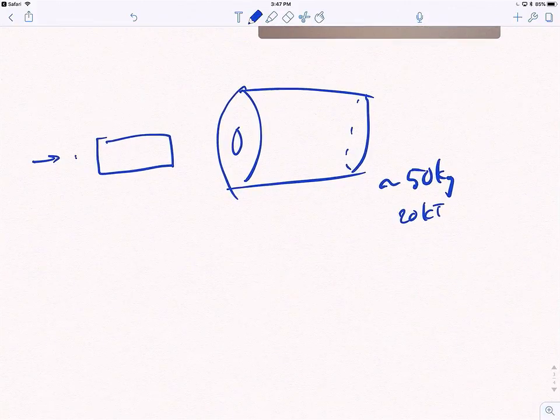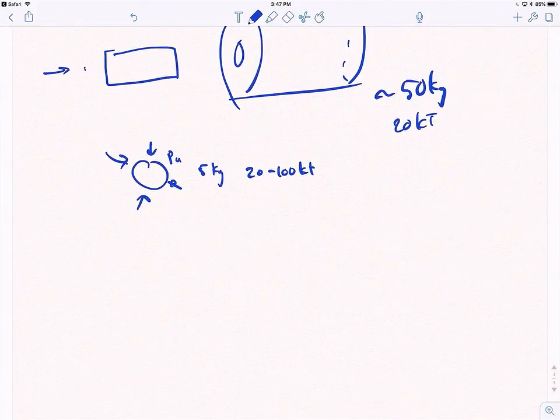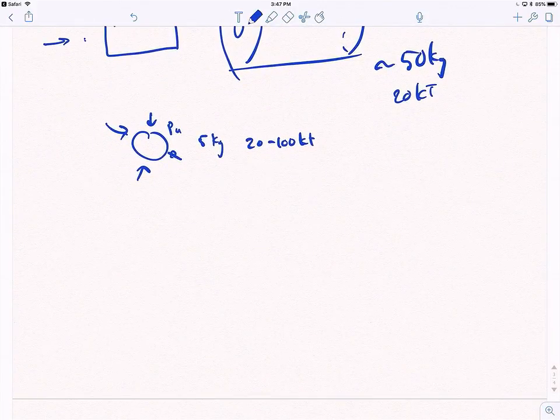The other way you can do it is take something made of plutonium and compress it down. You only need about 5 kilograms for this, and similarly you can get a 20 to 100 kiloton explosion from plutonium.